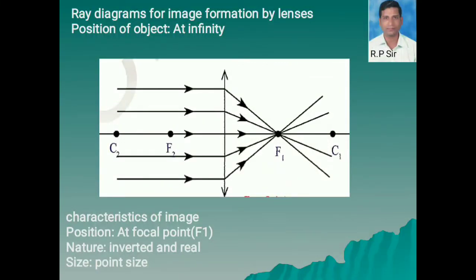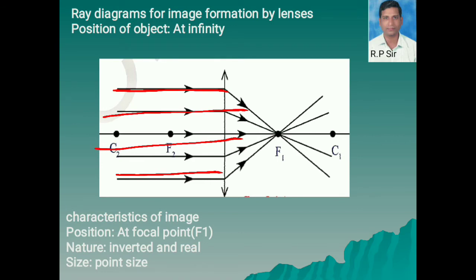Let us draw some ray diagrams for image formation by lenses. Position of object at infinity. When the object is at infinity, we get a parallel beam of light.